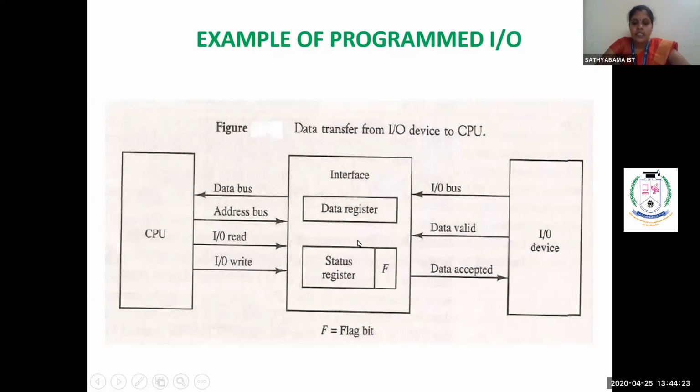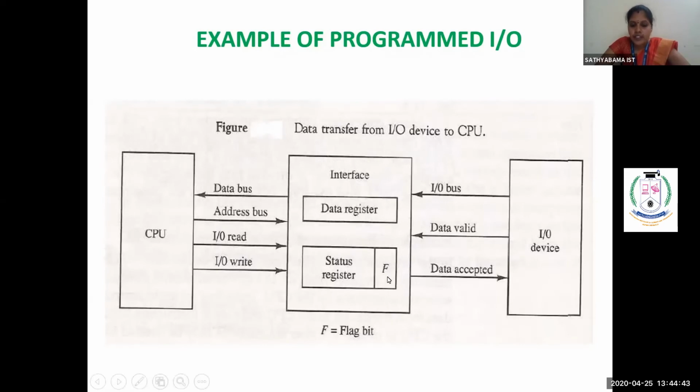Next is the data register and the status register, that is the flag. You will have F, that is the flag bit. F is normally 0. Whenever the interrupt is sent from the peripheral device to the CPU, the flag bit is enabled as 1.